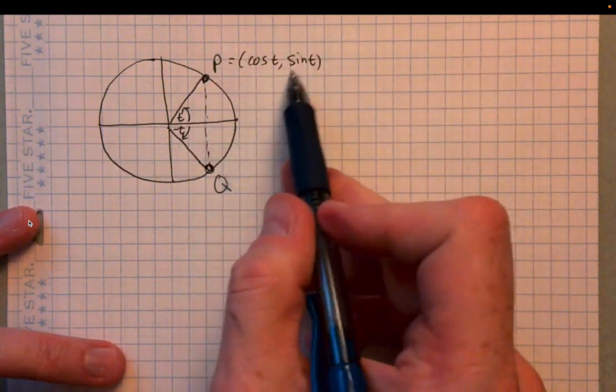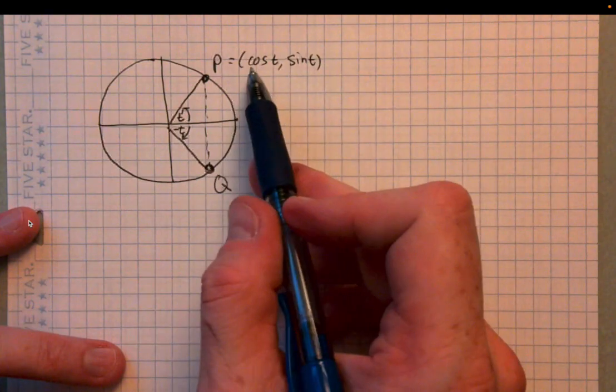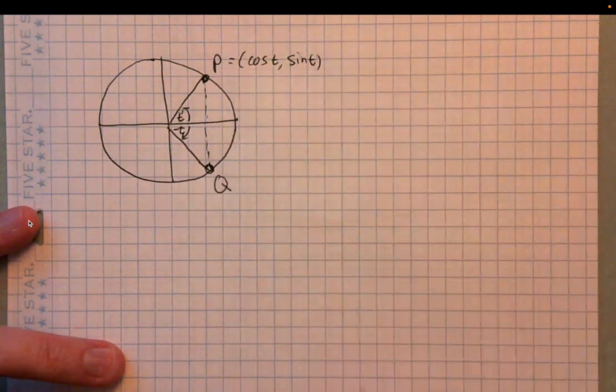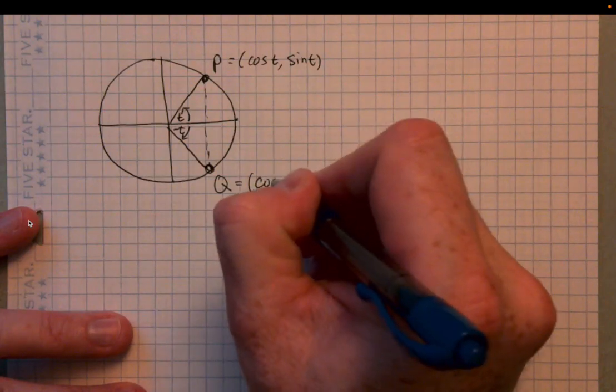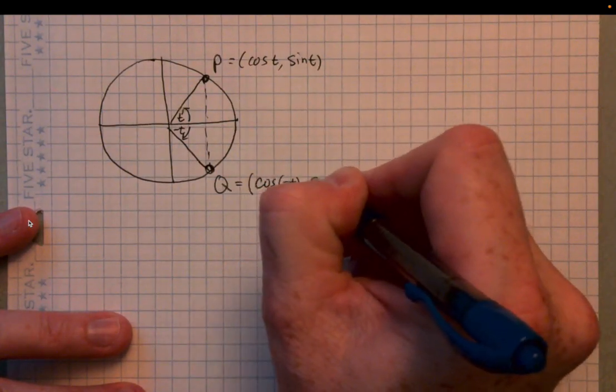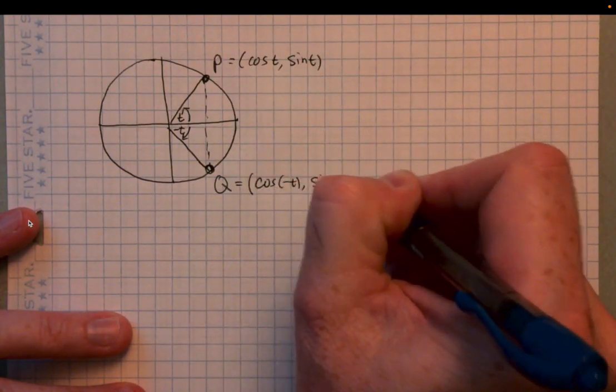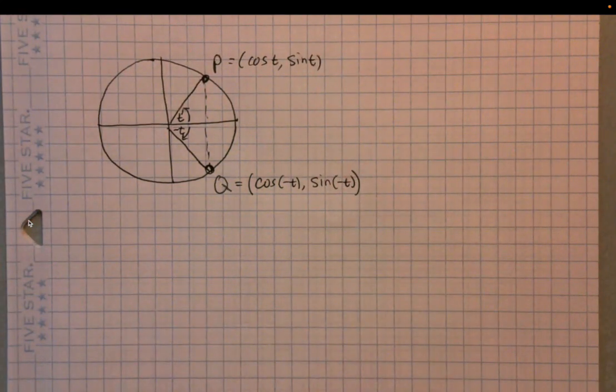We know that sine of t is equal to y and cos of t is equal to x, so we can put that in there. And Q we can write as cos of negative t, sine of negative t.